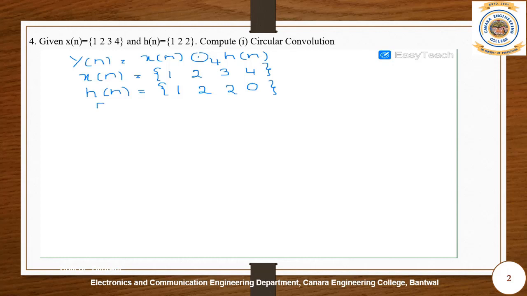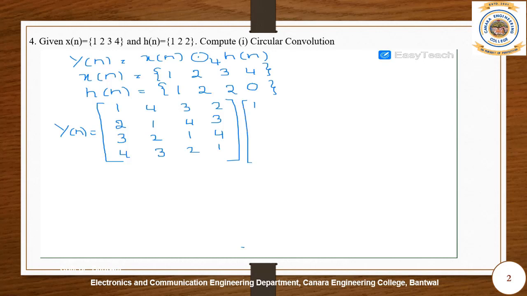So, let us try to find out y of n, which is equal to the matrix 1, 4, 3, 2; 2, 1, 4, 3; 3, 2, 1, 4; 4, 3, 2, 1, multiplied by 1, 2, 2, 0.